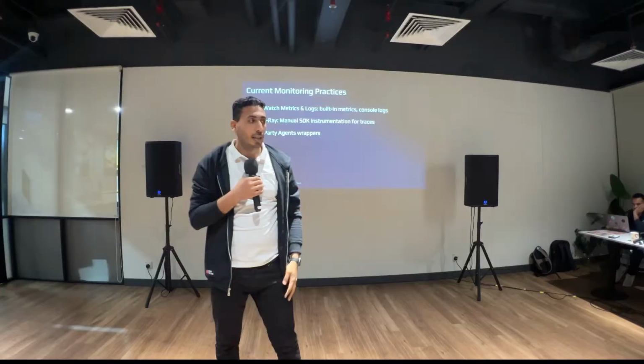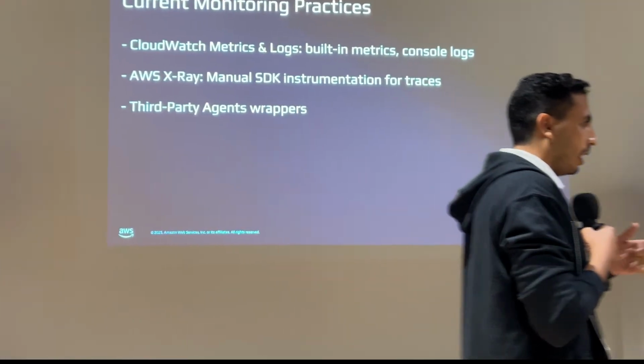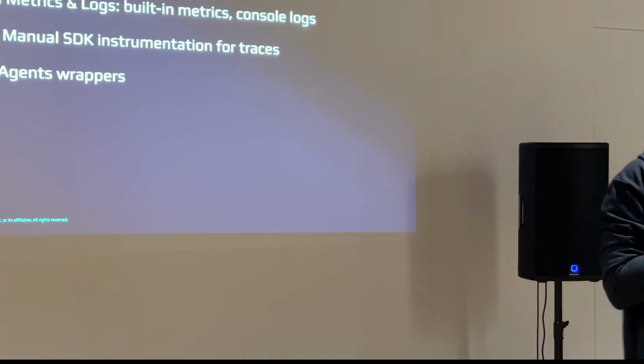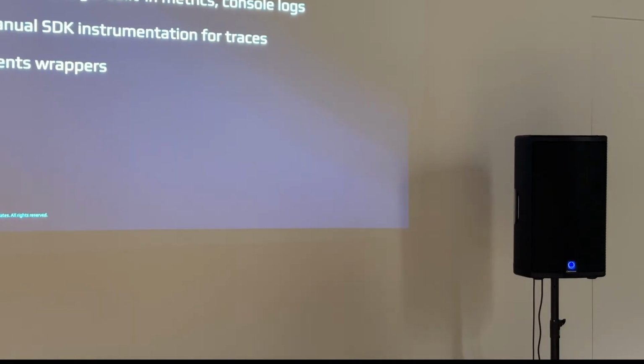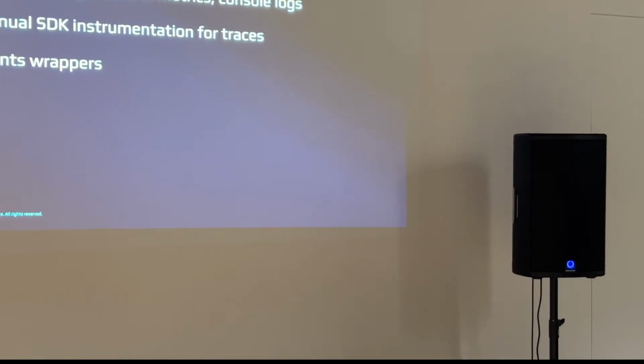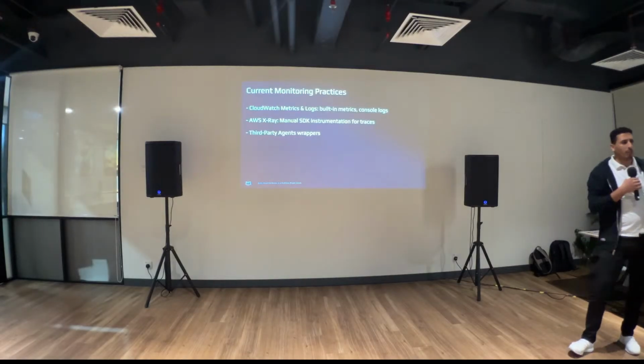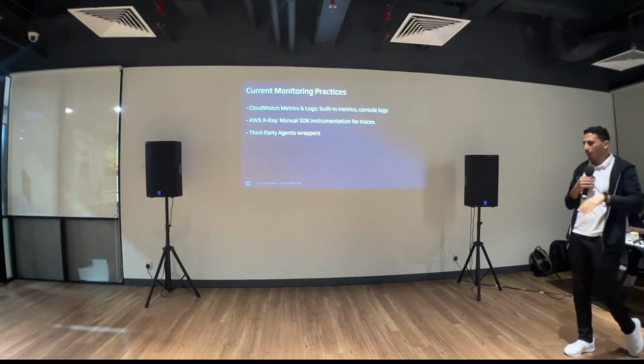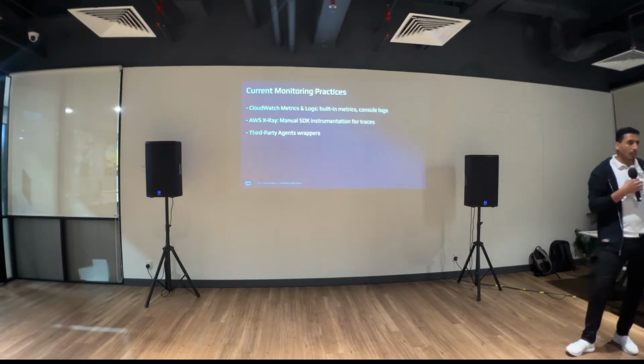Even if we have the X-Ray SDK implemented inside, we get some traces, but the traces are in one place and the logs and metrics in another, and they are not correlated.